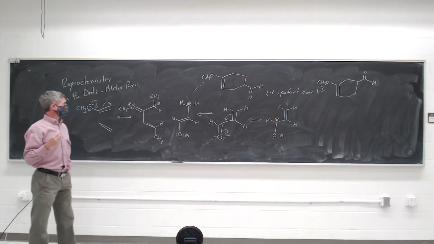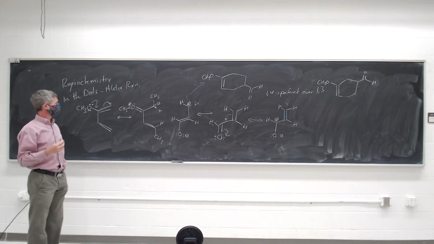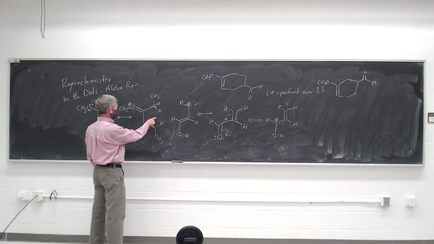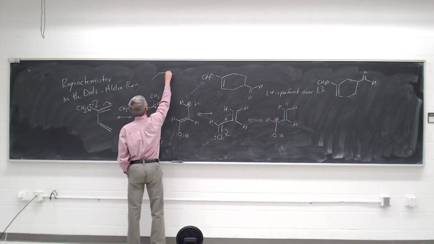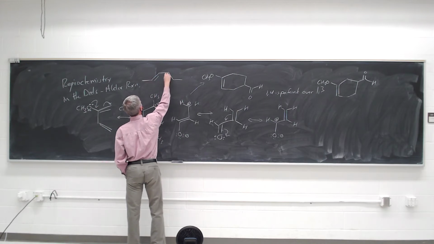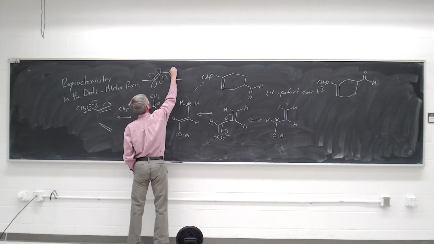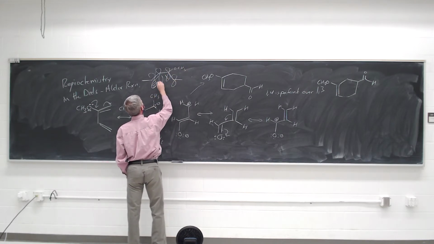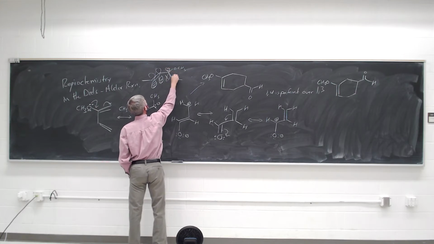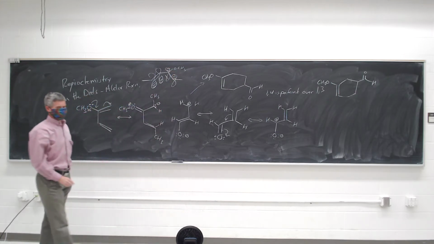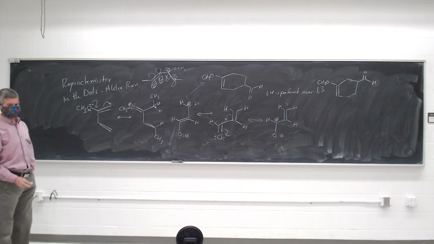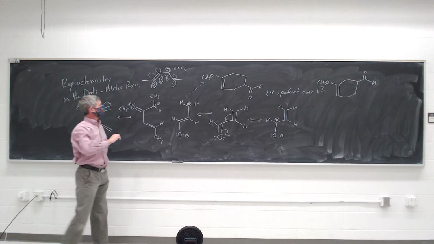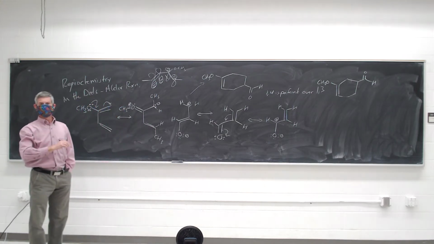Should the methyl groups be up or down? It's not as easy to see that from this type of drawing. It's much easier to see it from this type of drawing. Sticking out, down or up?